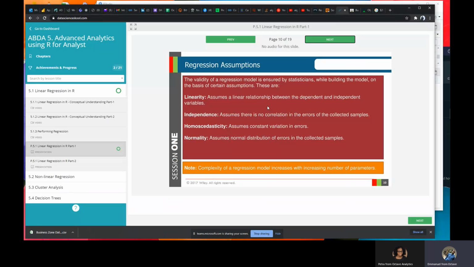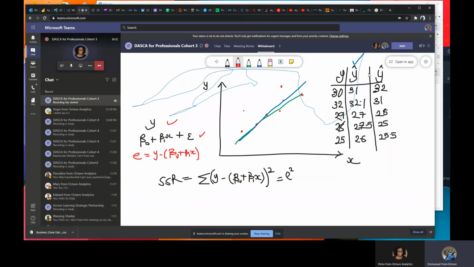To build regression models, there are some assumptions you are going to take into consideration. You assume that there's a linear relationship between your dependent and independent variables. When I say linear relationship, by the time you draw your scatter plot, it should form something like this, something that joins, like maybe an increase in x and an increase in y, or an increase in x and a decrease in y.